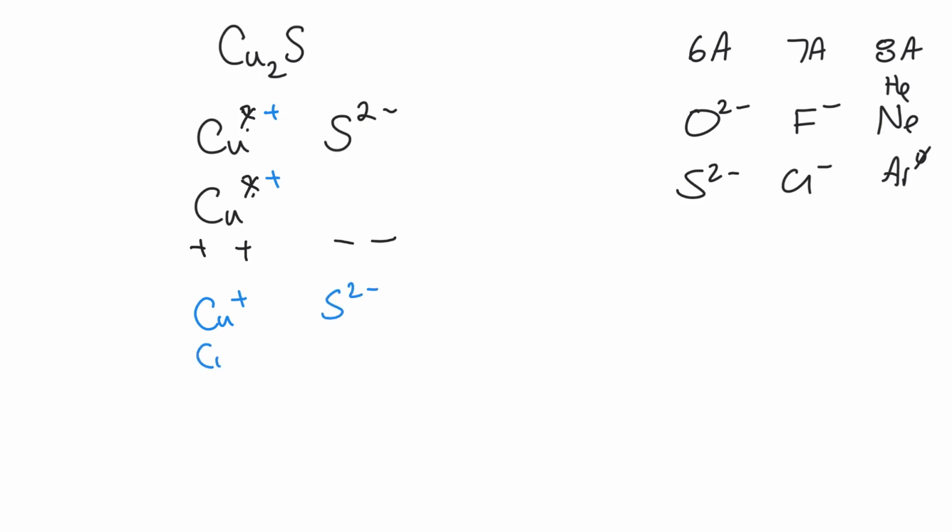So we've got 2 coppers, each one with a positive 1 charge, and 1 sulfur with a 2 minus charge. And then we name this. Because the charge can vary, when we name copper, we name the charge afterwards in Roman numerals, so it would be copper(I), and then sulfur, we just replace the ending with IDE, so it would be copper(I) sulfide.